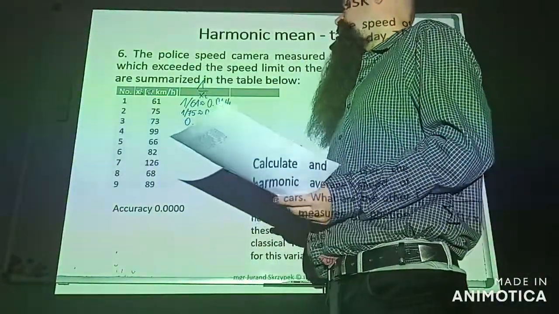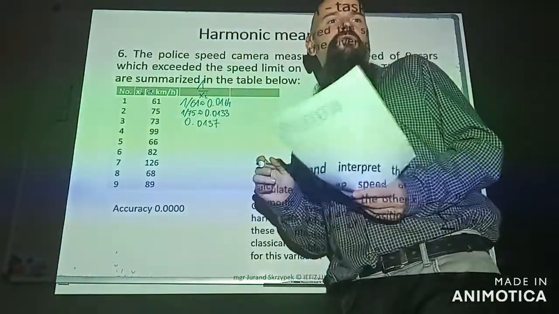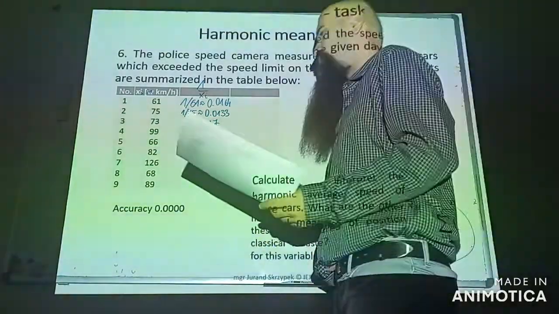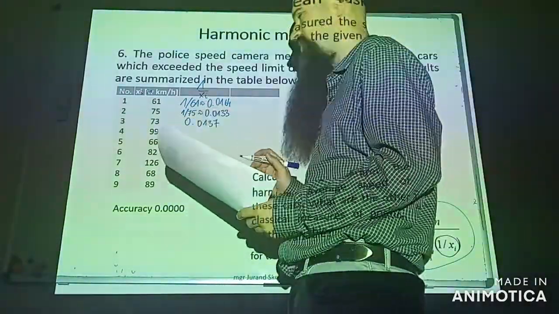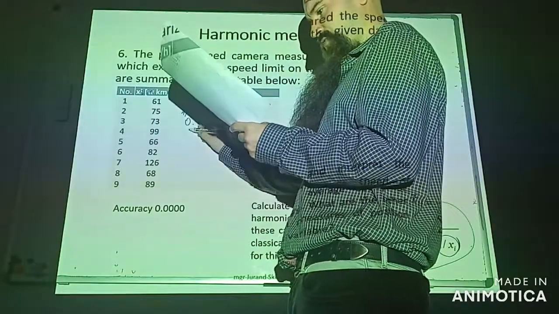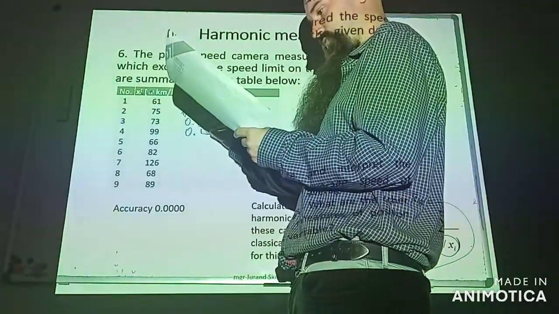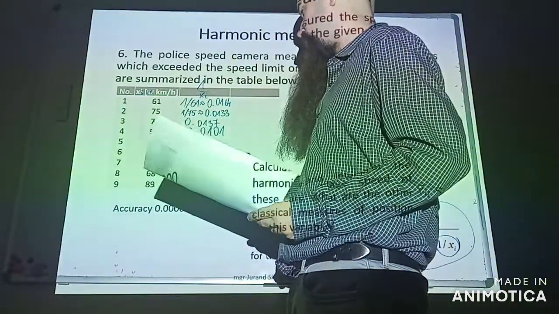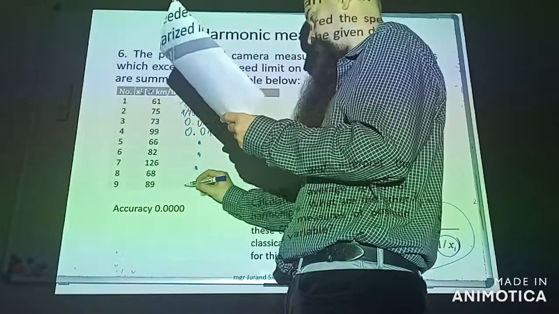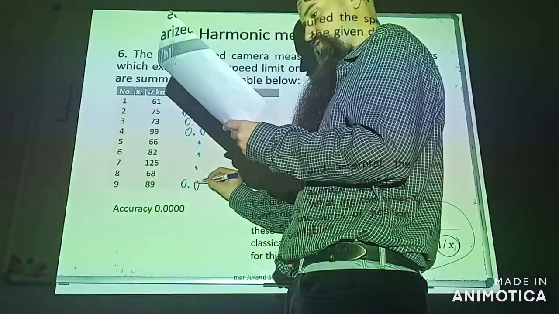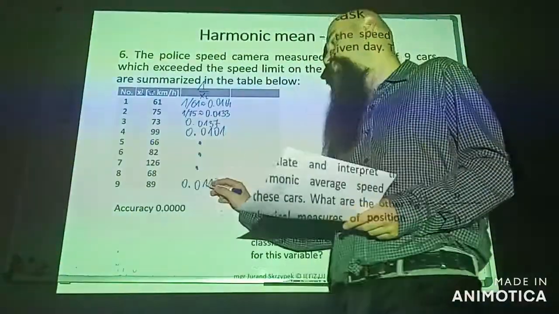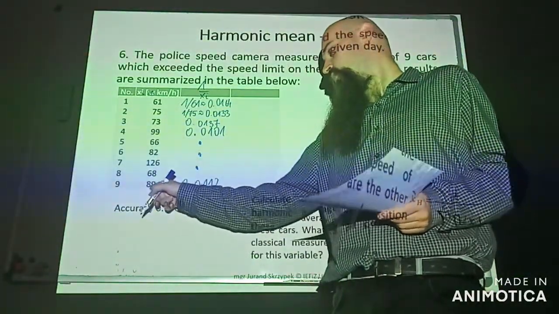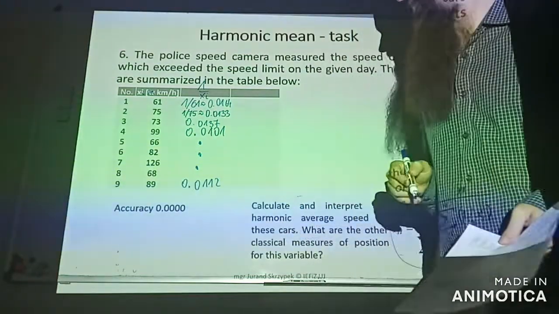Remember that in the table we write only the final results. Computations are not necessary here. And the next one, 0.0101, and so on. The last value is 0.0112. This is a consequence of dividing 1 by 89.